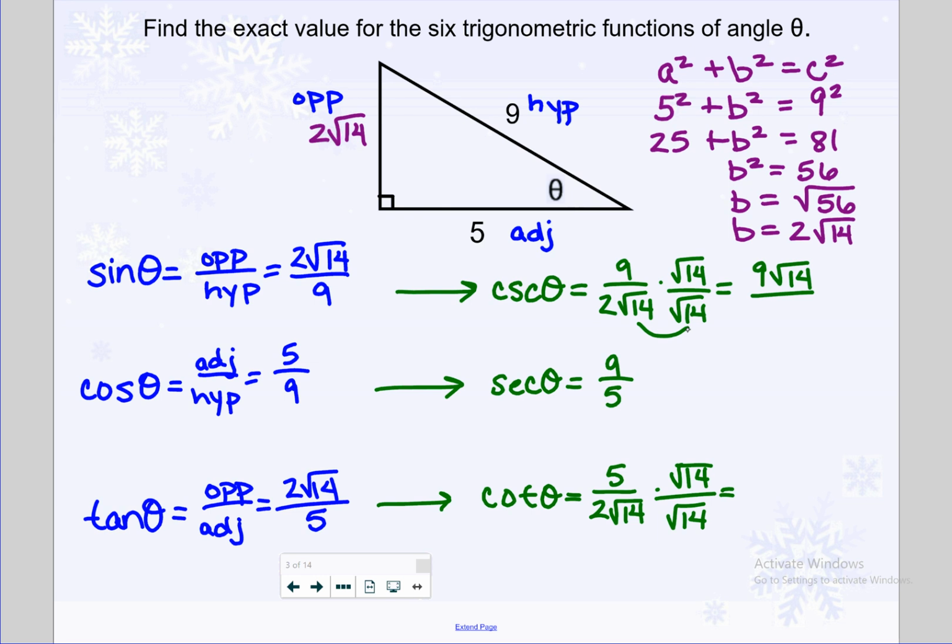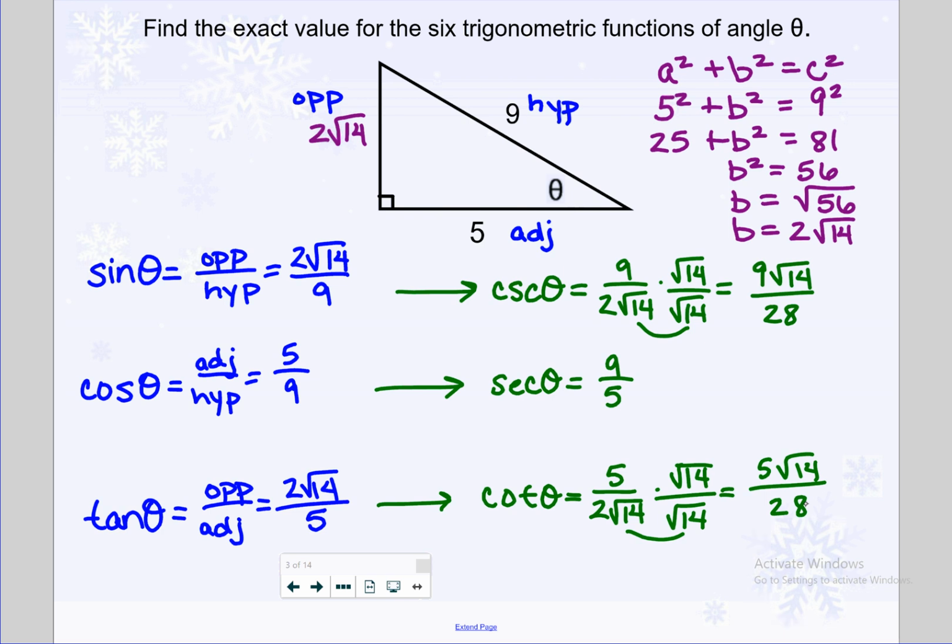Square root 9 is 3. Square root 9 is 3. 3 times 3 gives me 9. A square root times itself just gives you that number that's underneath. So those square root 14s give me a 14 times 2. I get a 28 on the bottom. Same thing happens with the other one. I'm going to get 5 rad 14 on top, and then 2 times 14, 28 on the bottom.